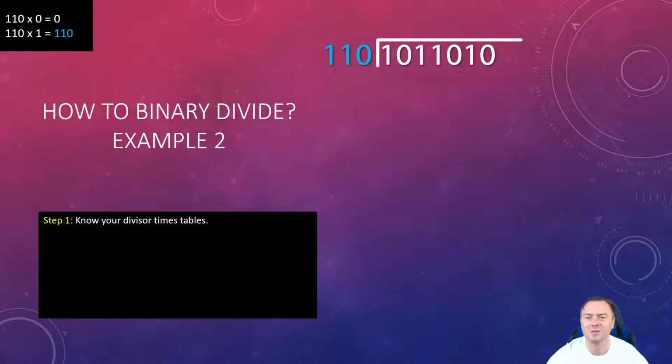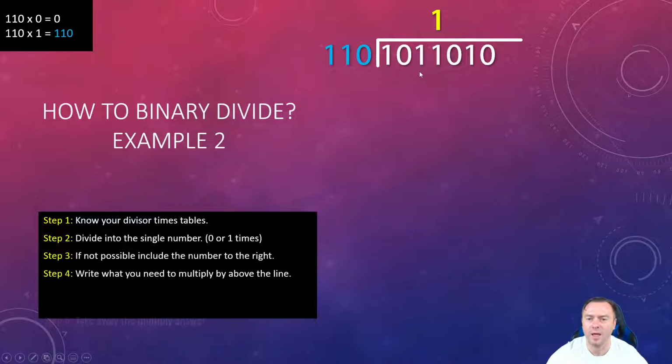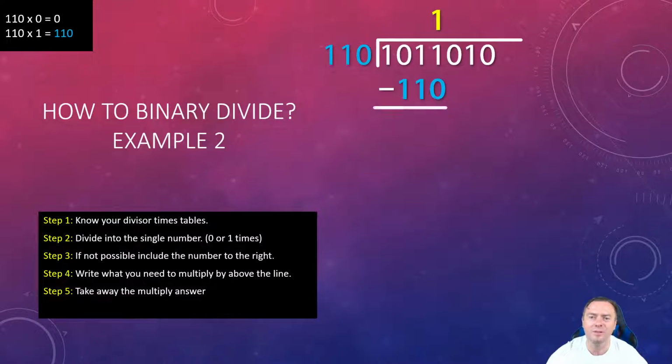So this is where it gets a little bit trickier. We actually have to do subtraction as we go. So in this case, there's one lot of 110 that goes into this. So we write the 1 up the top there, and then we just go through and do our times tables. So 1 times 110 goes underneath it, and then we subtract it.